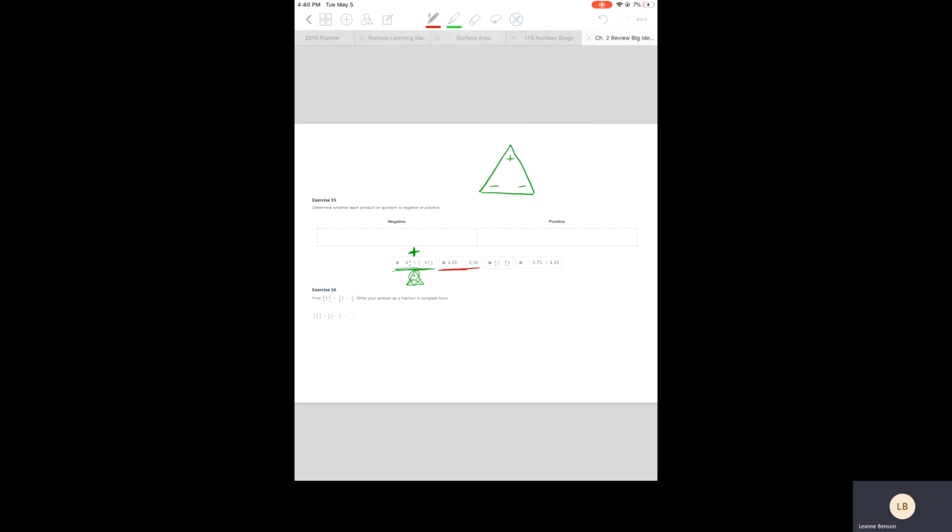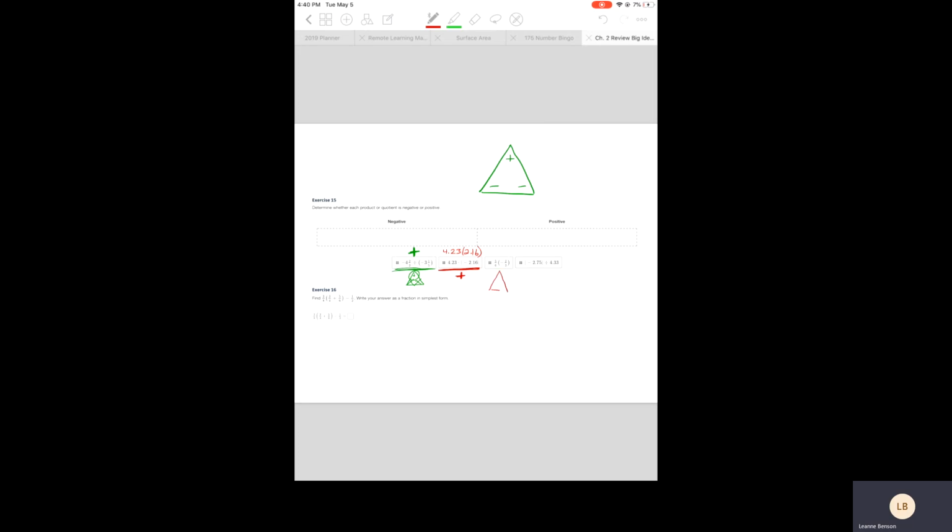The next one, you have to be a little careful with because you actually have an absolute value here. So this ends up being 4.23 times positive 2.16. So I have positive times positive, which would just be positive. You don't need the triangle for that. That's something that you guys learned before we were even introduced to negative numbers. Here, again, I have fractions.